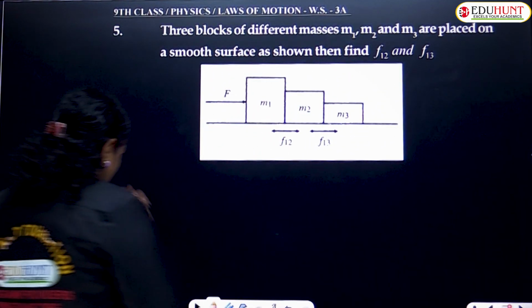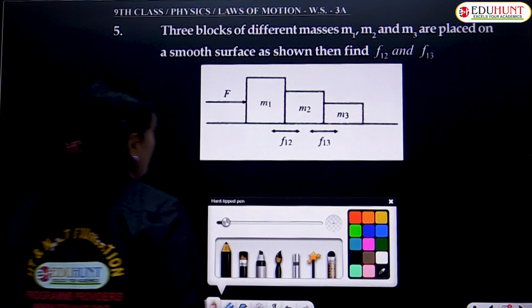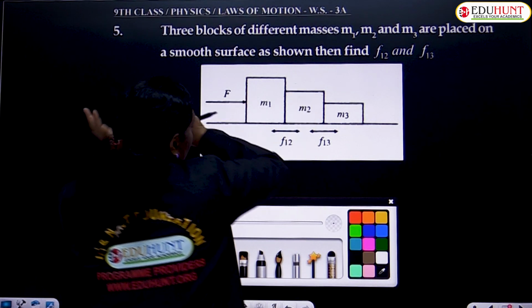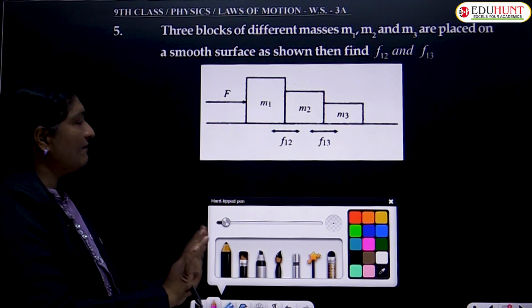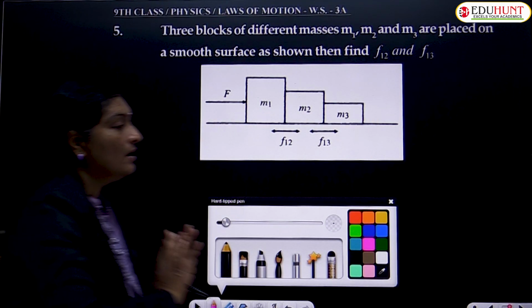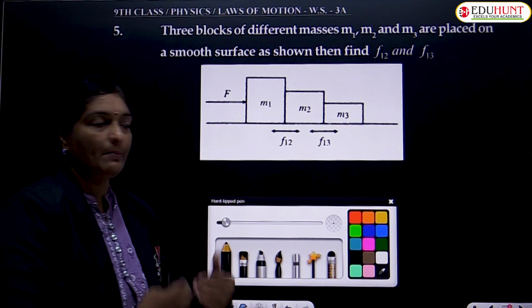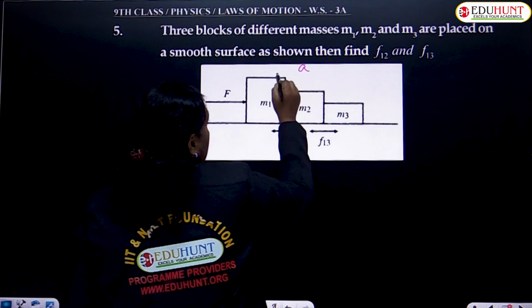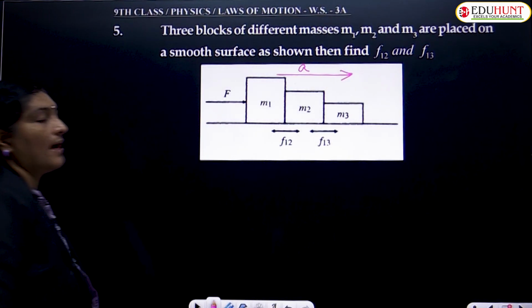Before solving, let us try to find the acceleration of the system. Clearly, as the force is applied from the left side, behind M1, all the bodies will be pushed to the right side. So the acceleration of the complete system will be towards the right.